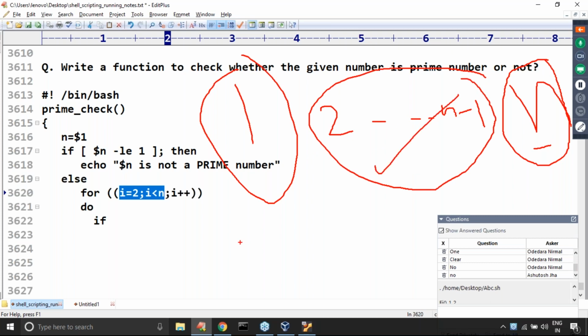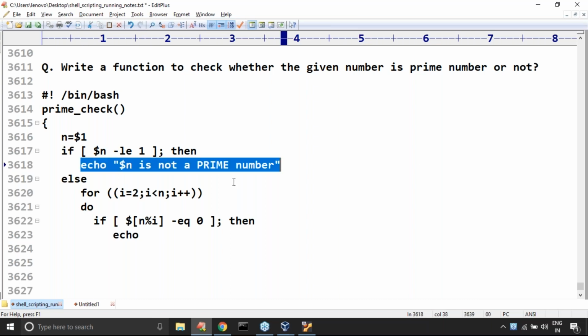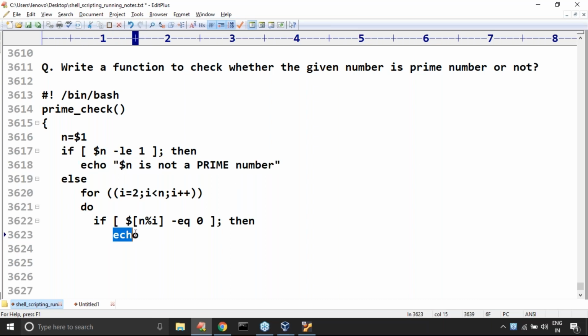If $n % $i equals 0, then echo "is not a prime number". Can you please confirm? Yes, echo is not a prime number, correct, right?